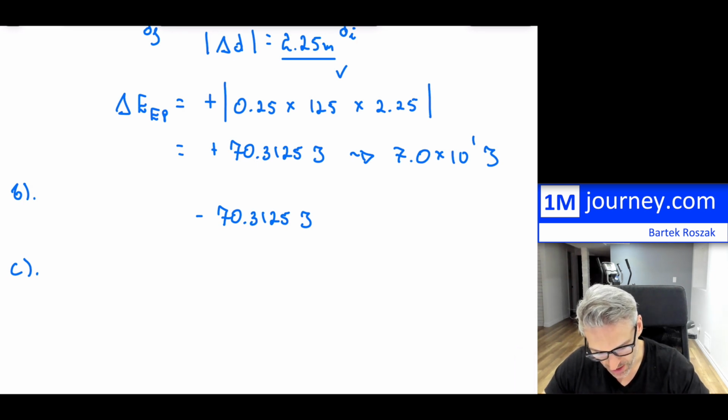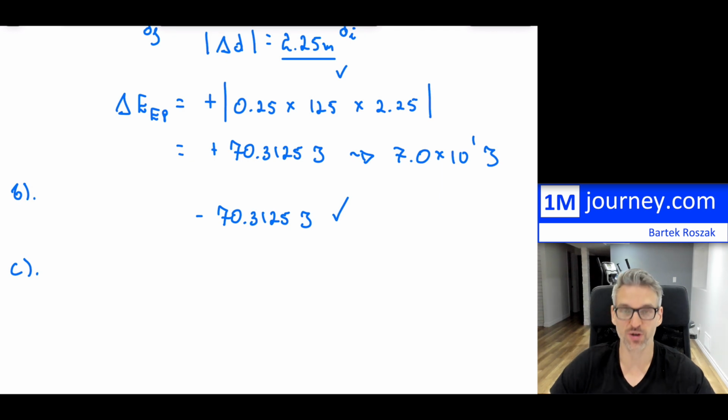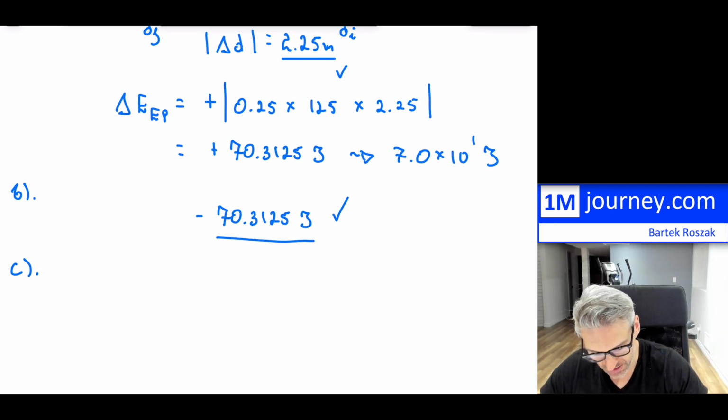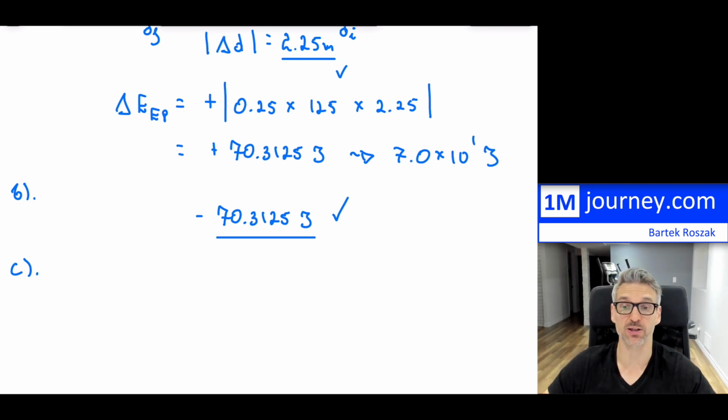So that means we had a loss or a transfer of potential energy to something. There is no discussion of friction here, so we'll assume that there's no friction. So we're going to assume that this potential energy has gone into kinetic energy. If it has reduced its potential energy by this much, then by the law of conservation, the kinetic energy must have increased by that much.